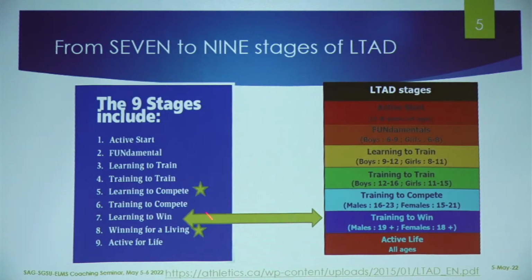However, learning to win is now here as the number 7 stage or phase. Winning for a living. The appearance of this stage obviously relates us to professional sports. Previously, in the old one, it was more amateur sports, and then perhaps school sports or university sports. Winning for a living is obviously earning, so it is getting more and more professional, and India is one of the examples where leagues have developed in the last decade.